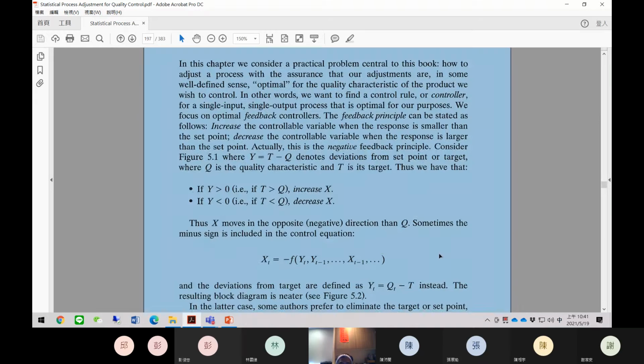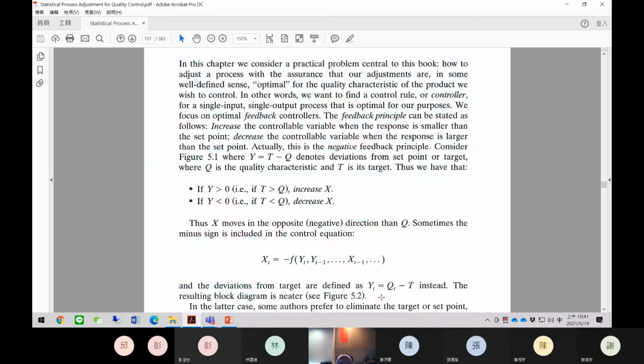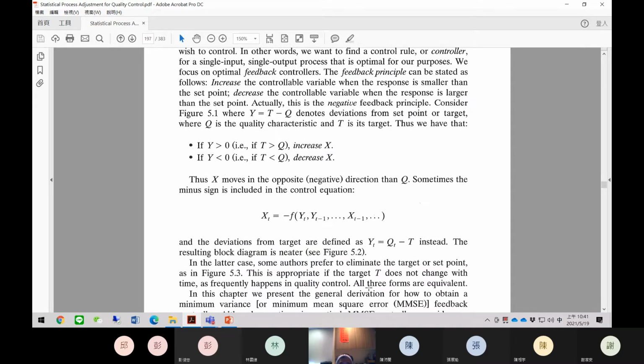Okay, so YT is defined as the difference between the Q and T. This is set point, Q right here. Q is a quality characteristic, and subtract the target, which is greater than 0 or less than 0.